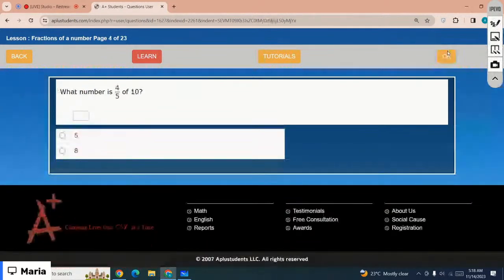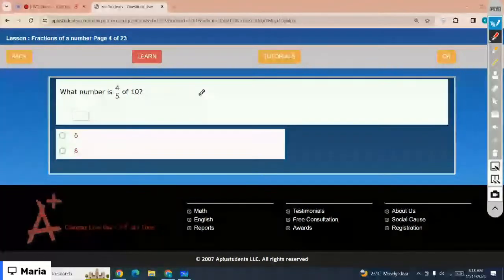Next one is what number is 4 by 5 of 10? So let's just see how we calculate 4/5 of 10, Zaviyar. Now listen to me carefully if you just came. 4 by 5 of 10 means you need to do 4 by 5 times 10, right?